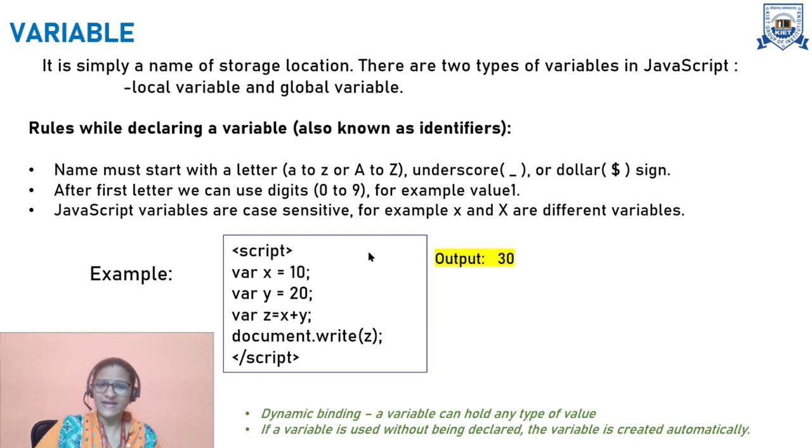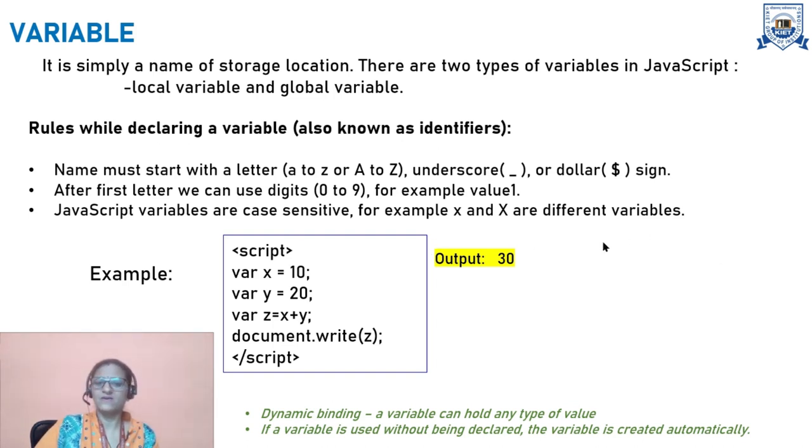While declaring any variable, you have to follow some rules. They are the same as the rules for identifiers. Whenever we declare a variable, it will start with A to Z, small letter or capital letter. It can be followed by an underscore or the $ sign. After that, we can also use digits from 0 to 9.